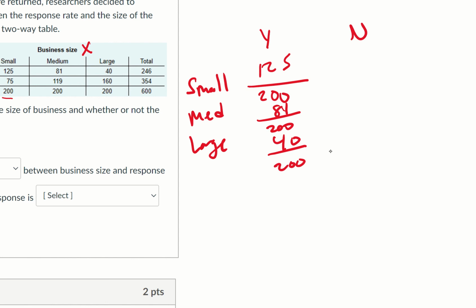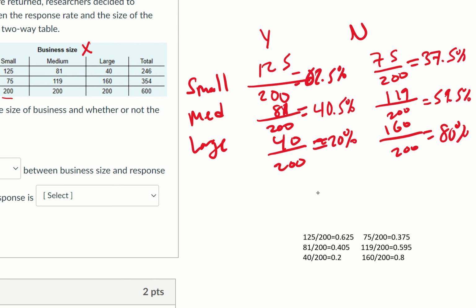We'll calculate those percentages in just a second. For small, 75 said no. 119. This is a 1 right here. And 160 said no. Right, so let's calculate some of those percentages.